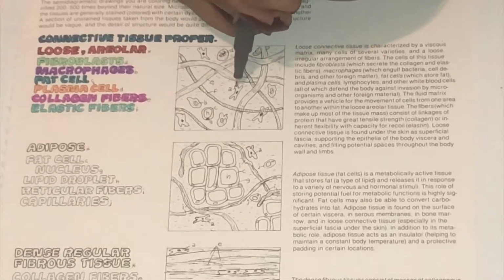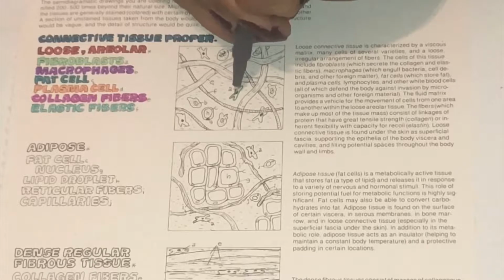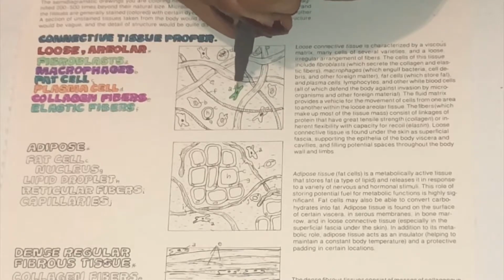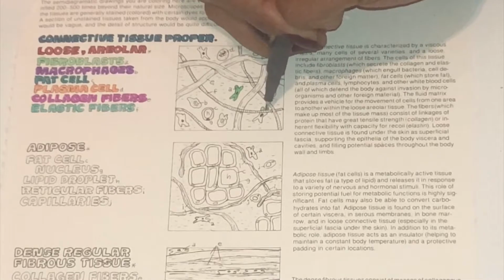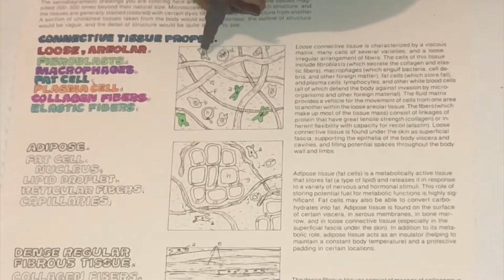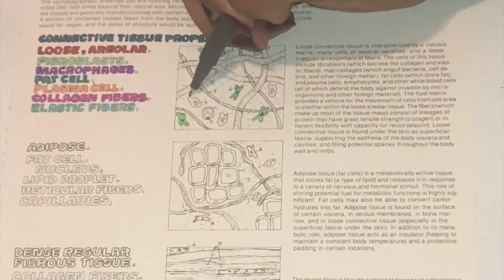So right now I will go ahead and color in the fibroblasts. There are a few of them here. And now the macrophages.